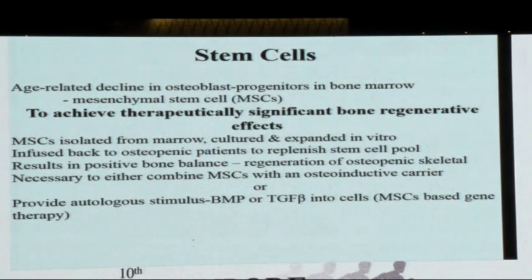They are infused back to osteopenic patients to replenish stem cell pool. Results in positive bone balance, regeneration of osteopenic skeleton takes place. It is also necessary to either combine MSCs with an osteoinductive carrier or provide autologous stimulus BMP into the cells.